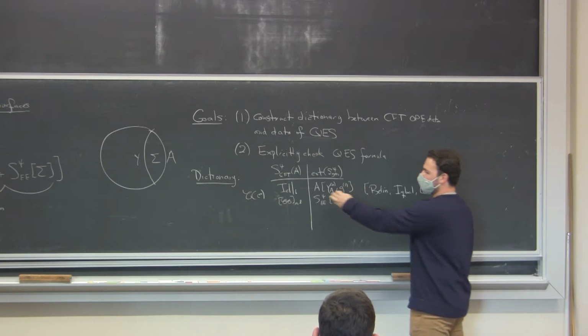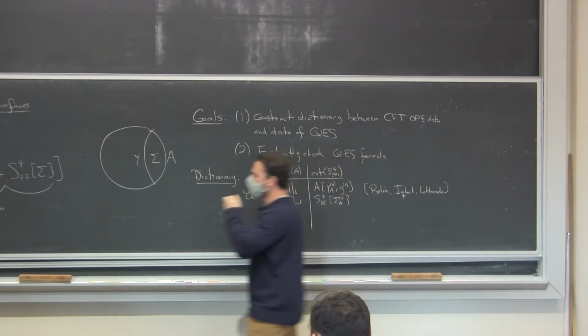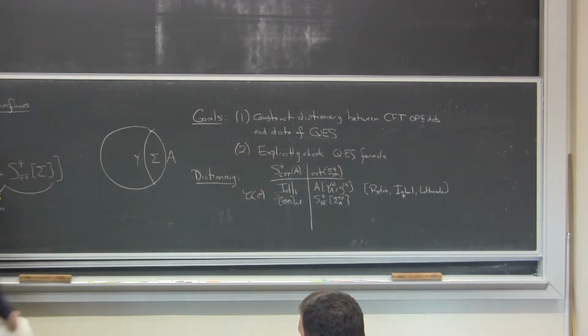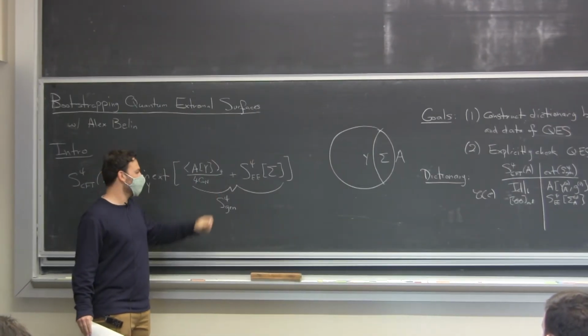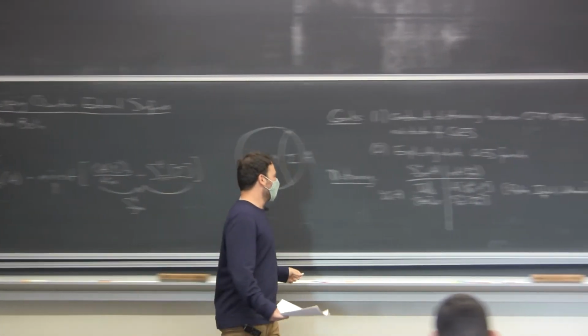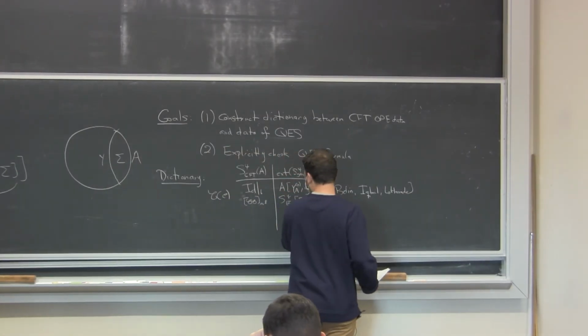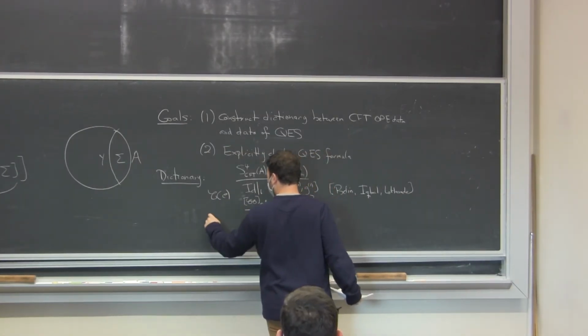So at first order in G Newton, there's no extremization. You just have the area of the classical extremal surface plus bulk entanglement entropy across the classical extremal surface. So the goal today is to go to next order, where quantum extremality becomes important.